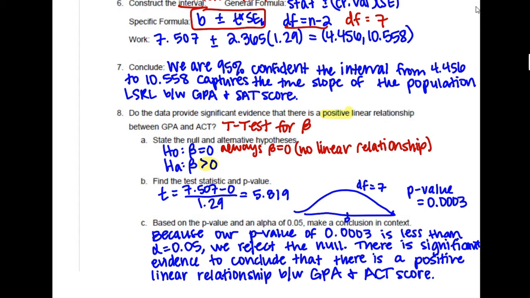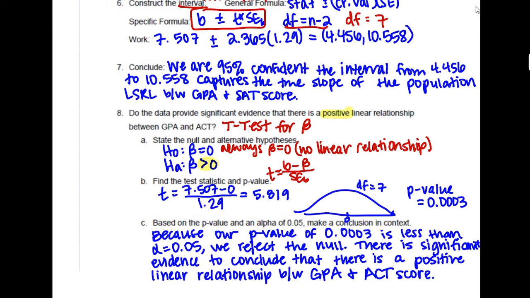Our test statistic, the formula, we had it written down, is T equals the slope from your sample minus the population slope over the standard error of the slope. And so this is always 0. And so we end up with 7.507 minus 0 over 1.29, and we get 5.819. And then same process as always, draw this normal curve.